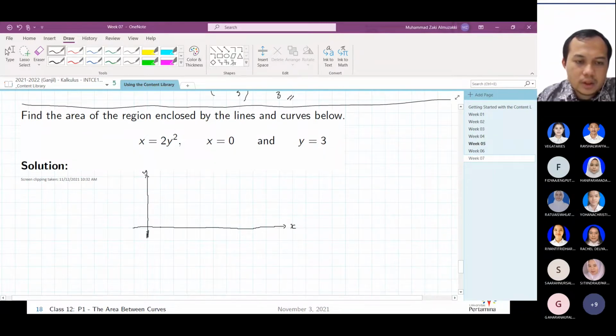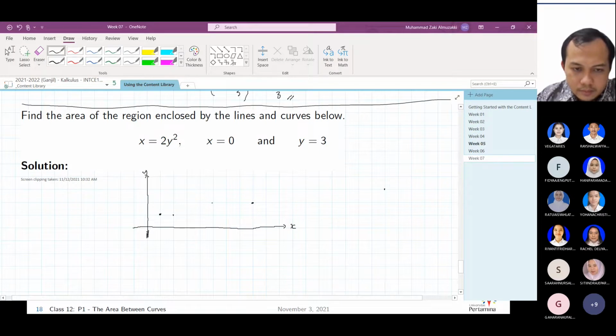When y equals 1, x equals 2. When y equals 2, x equals 8. When y equals 3, x equals 18. Well, let me scale it down.